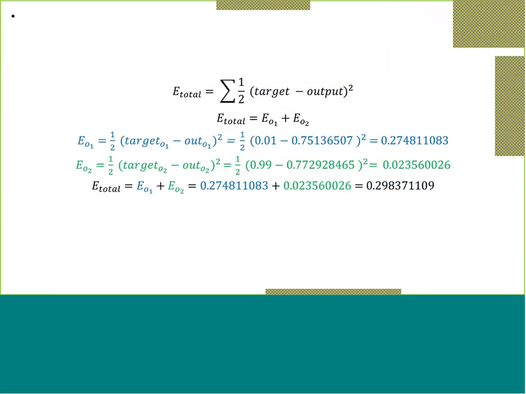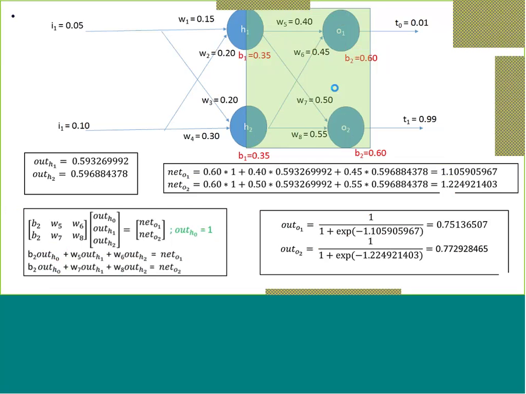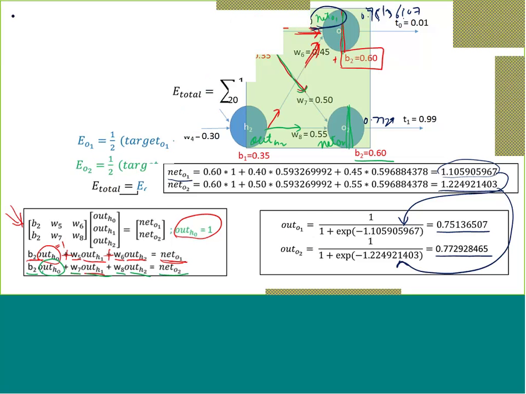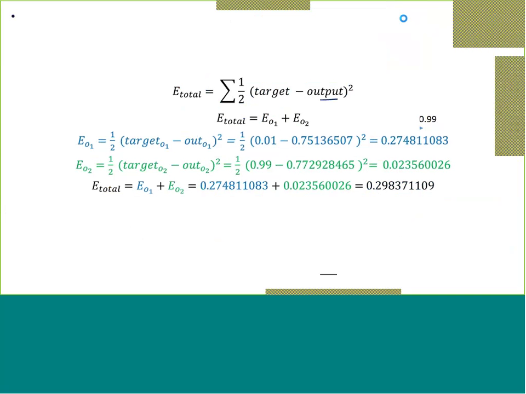Now this is how I will be calculating the total error. The total error is the target minus the output. So this is my target, 0.01 and 0.99 here, and the output that I am getting from that.